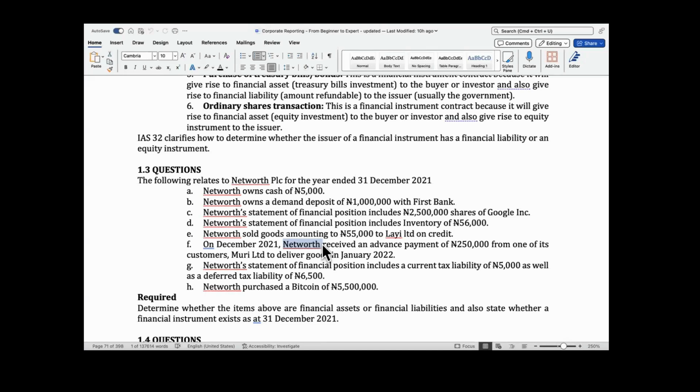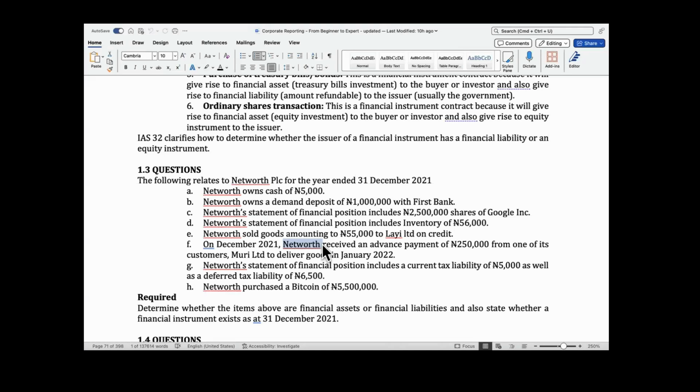Now, this is a liability as far as Networth is concerned. I will teach you in IFRS 15 that it is a contract liability. When you receive money and you have not done the work, that's a liability in accounting. You will learn that when we get to IFRS 15.